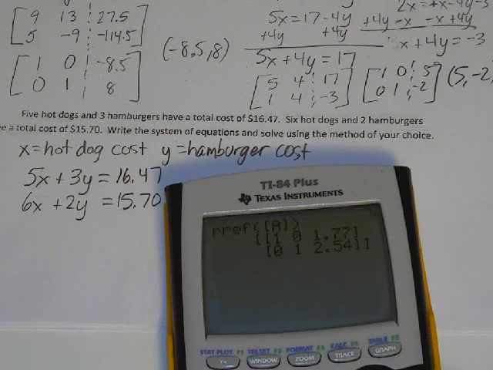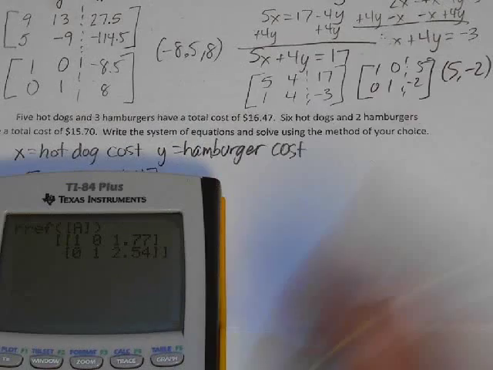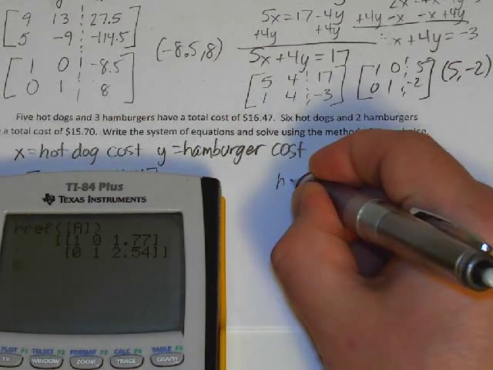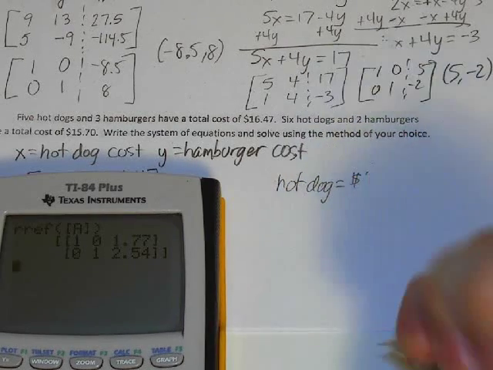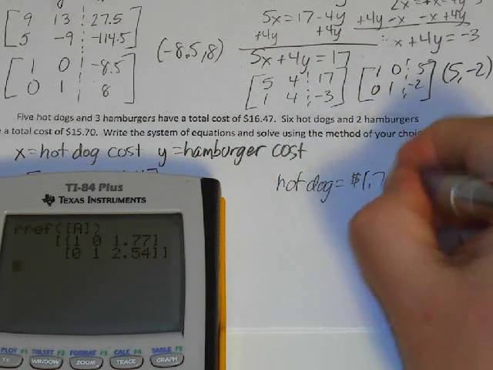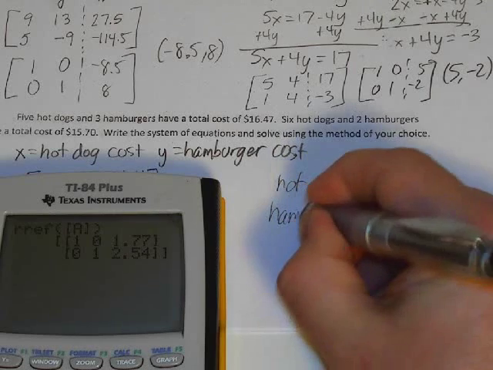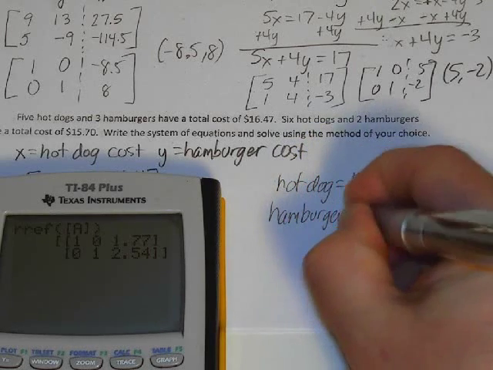So see that a hot dog has a cost of $1.77 and a hamburger $2.54.